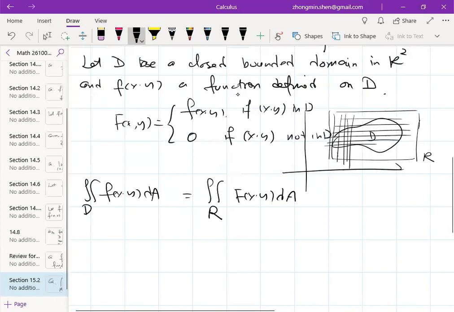You only consider those small rectangles which have intersection with D. Then you pick the values, and then you consider the Riemann sums, okay? And you take the limit. That's the idea.